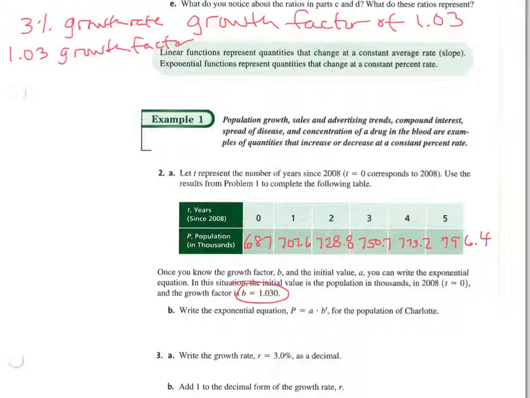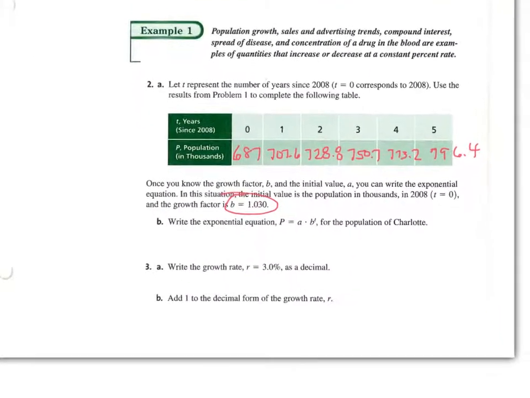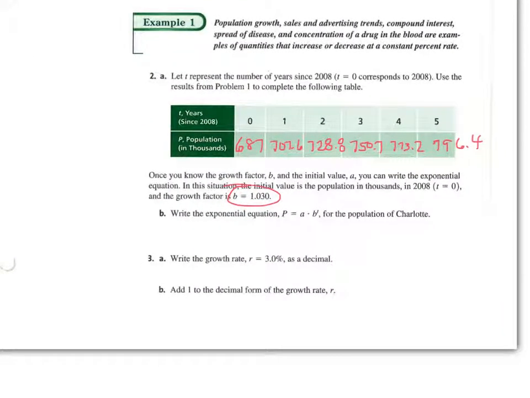So write the exponential equation in that form, where A, remember, is the initial, B is our growth factor, and P is for population. So for this one, our population for any given year past 2008 would be our initial 687 times our growth factor 1.03 to the t.